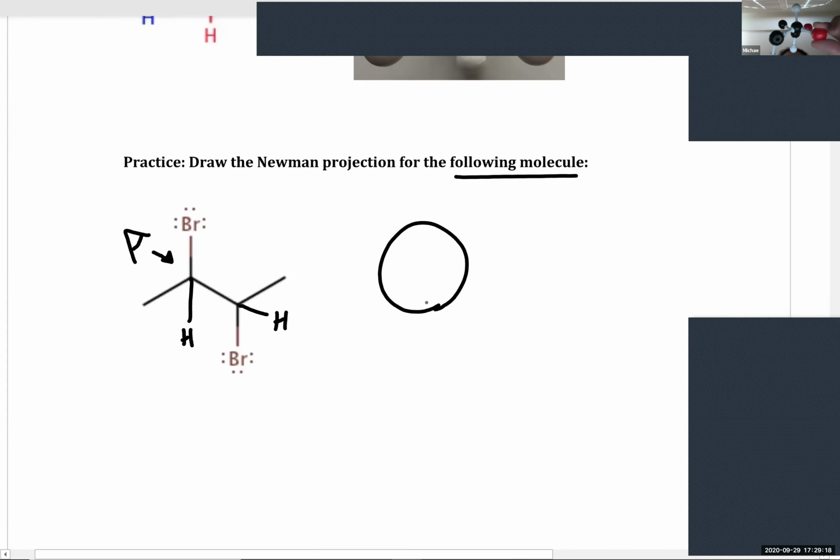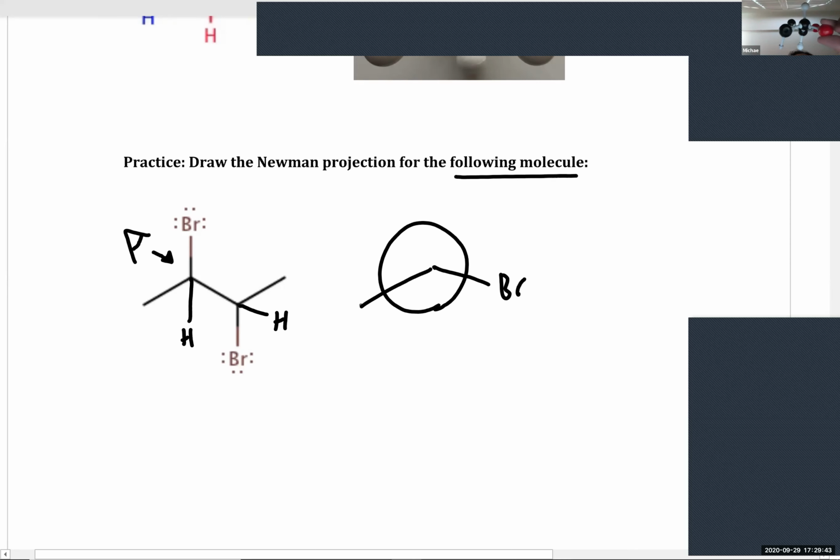Okay, so what substituents do we have in the front? And let's say their position. So in the front on the right, what do we have in the front right? Bromine, yep, so we put a bromine there.